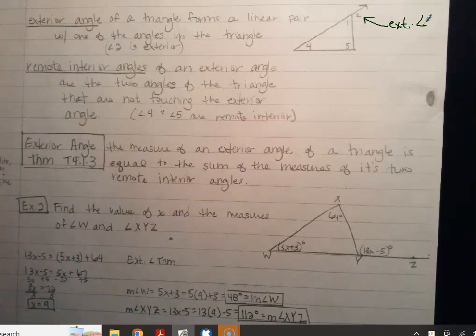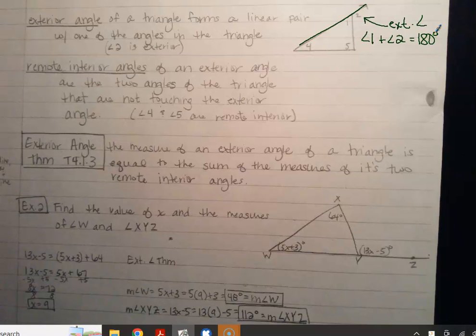But what it's saying is that this exterior angle forms a linear pair with the angle it's beside. So angle 1 plus angle 2 equals 180. And it should say the measure of, but we're going to write it in some shorthand. So it makes a linear pair. They have to equal 180. That's going to be helpful.